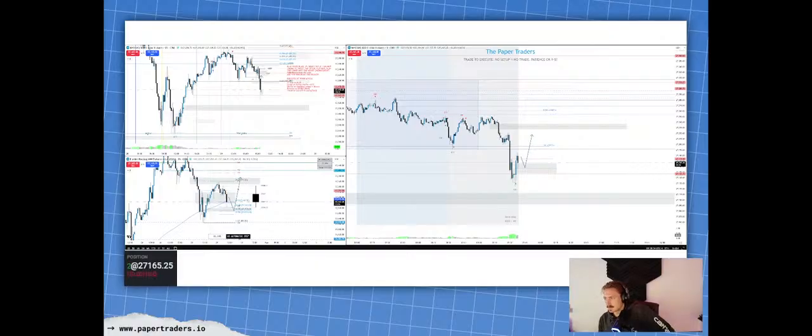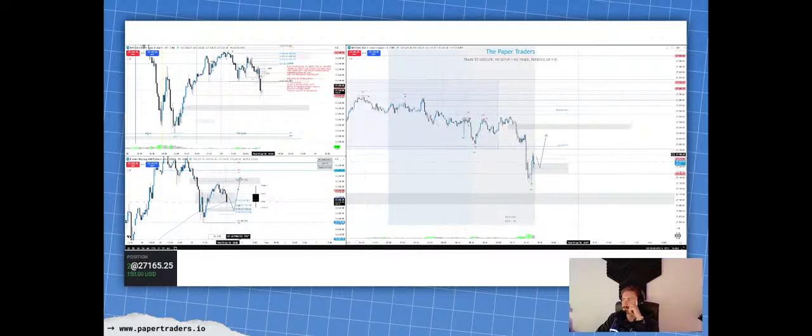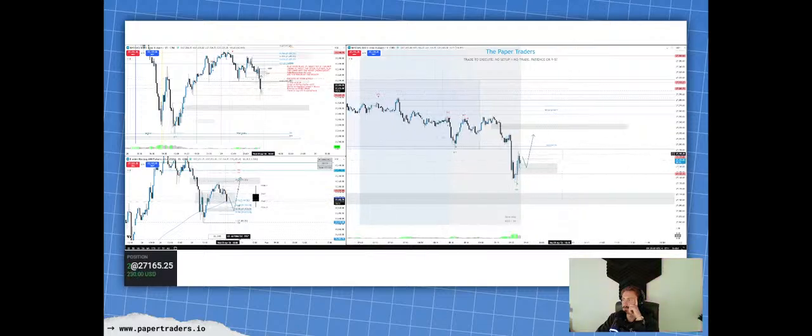Let's see if they continue this thing. We're watching here. Need back above this 27,174. So I'll take one off there at 27,174.